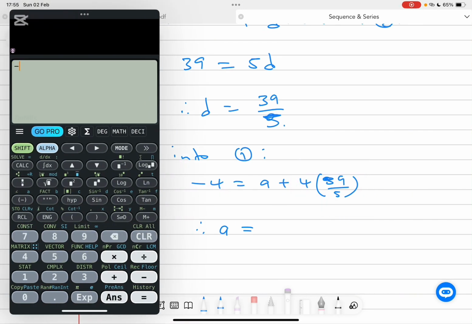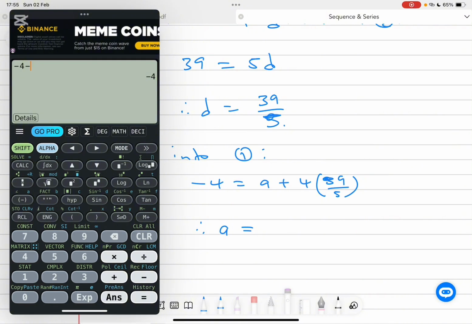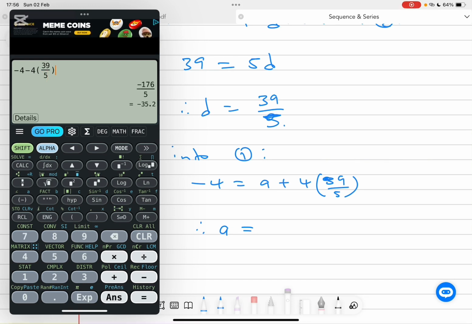So now what I'm saying here, I'm going to have negative 4 open bracket 39 over 5. This as a fraction would be given as negative 176 over 5. That is our first term.